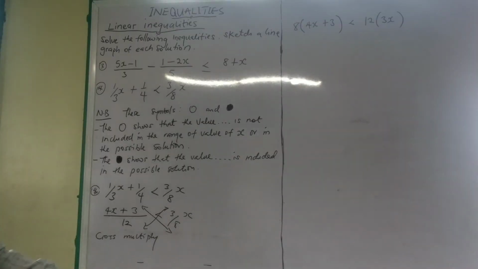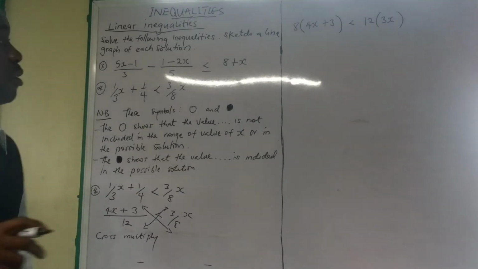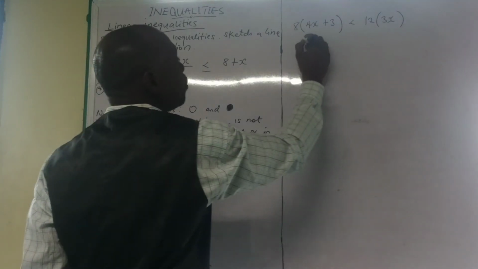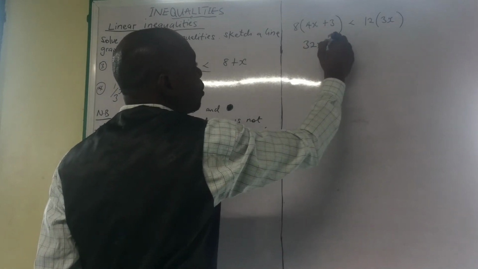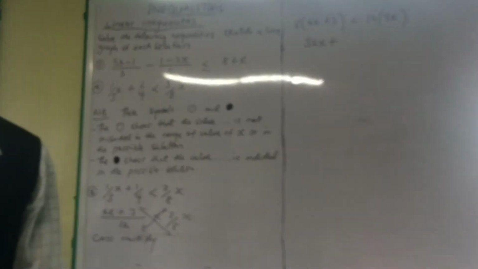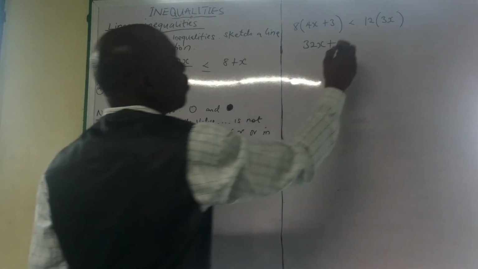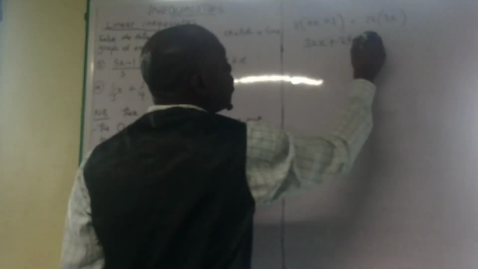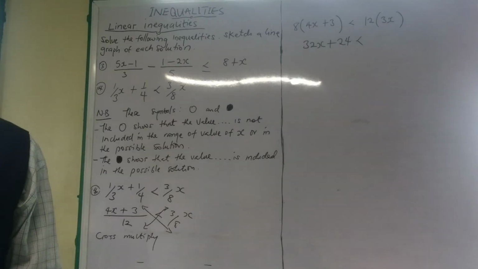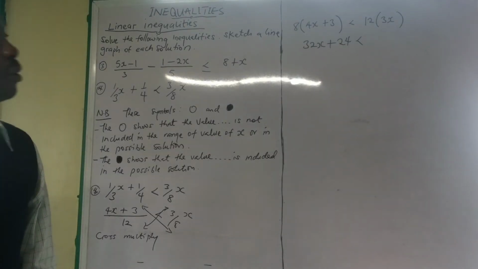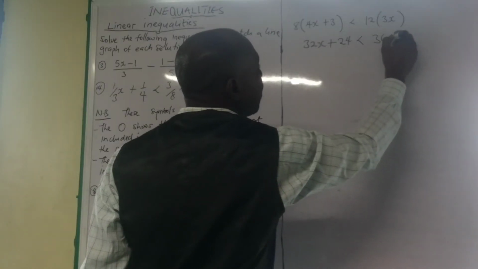With this one now, so let's multiply. 8 times 4, 32x plus 8 times 3, 24, less than 12 times 3, this one is going to give 36. We have 36x here.